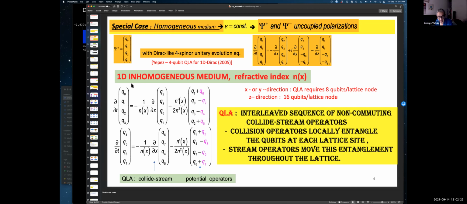So if you look at the 1D inhomogeneous medium problem, where say the refractive index is a function of x, these are your 8-spinor equations. And so we now have to devise a collide-stream algorithm for the derivative term and for the inhomogeneous term.